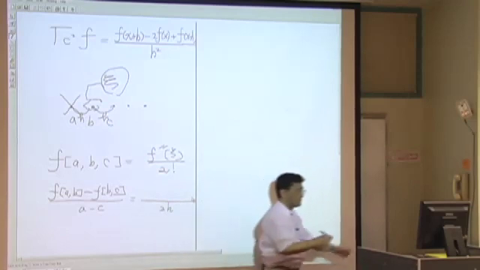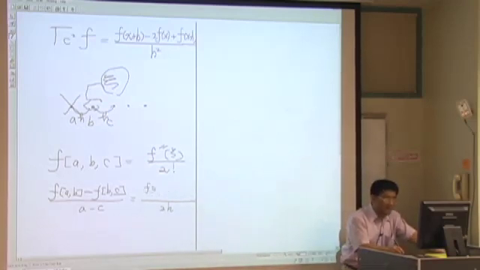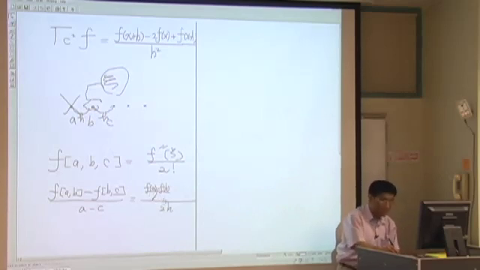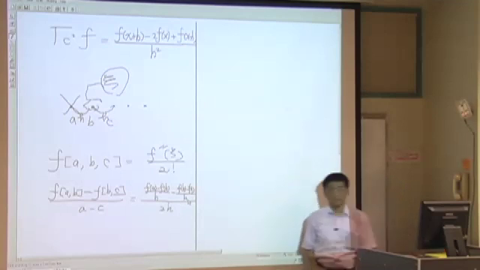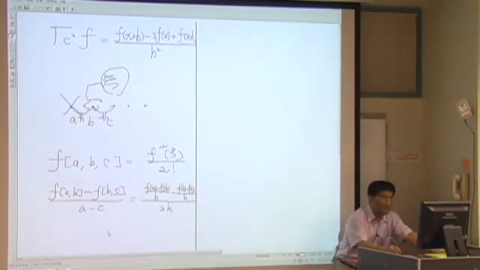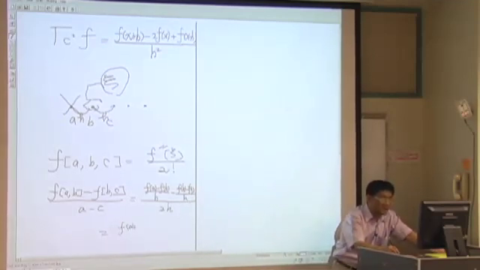And this thing is f of A minus f of B over H, minus f of B minus f of C over H, right? If I write it, then it becomes f of A minus 2f of B plus f of C over H squared. This is the case.